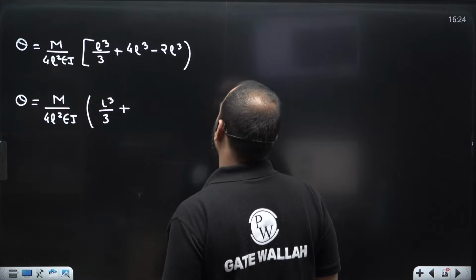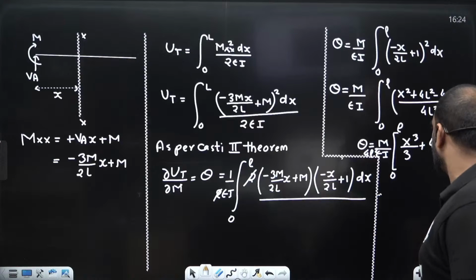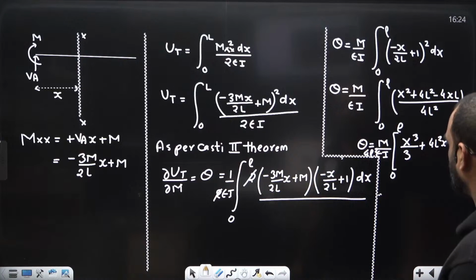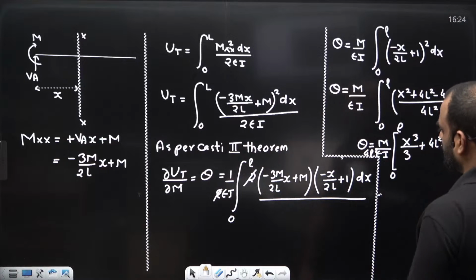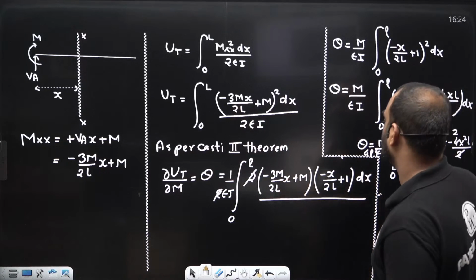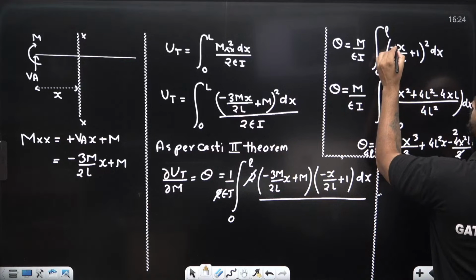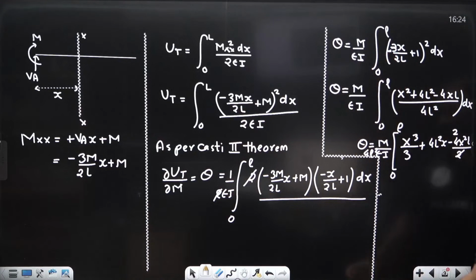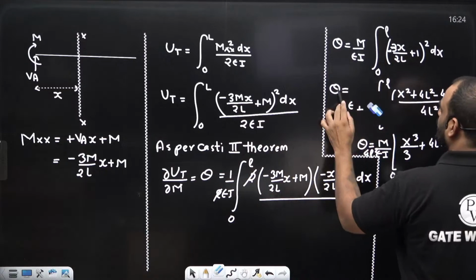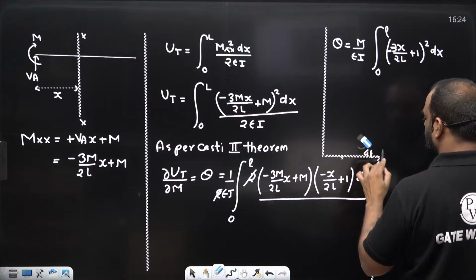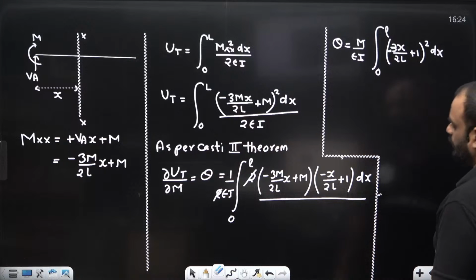wait a second guys, there is some mistake in the integration part, or either some value we have put over here, right? Yes, there is one mistake, because this value is 3M into x divided by 2L, so we have missed this particular value. Sorry for this. This value should be minus 3x by 2L. That's why we are getting a wrong value. Let us continue this particular solution from this point. Okay.